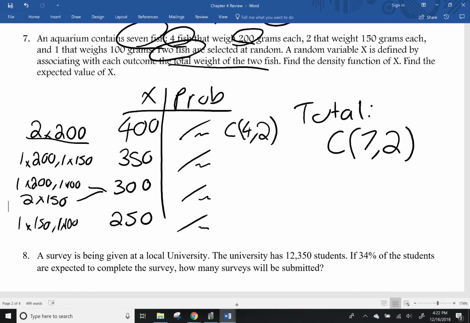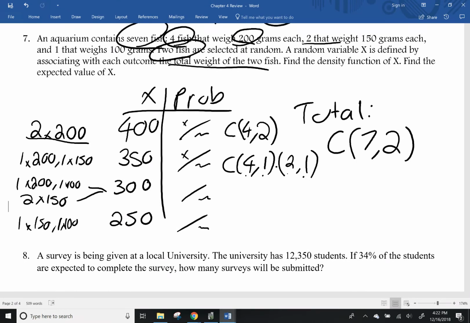For the 350, you're choosing one 200-gram fish, so 4 choose 1, and one 150-gram fish, so 2 choose 1. Multiply those together, and you get that numerator.